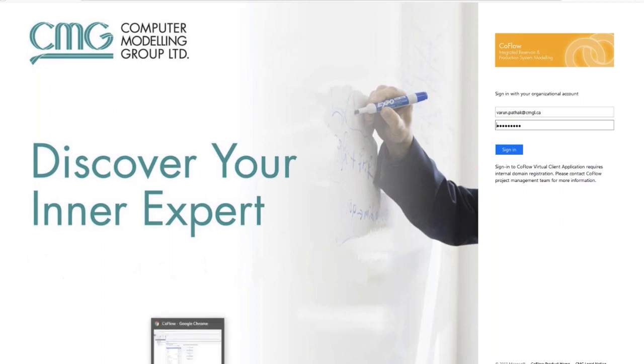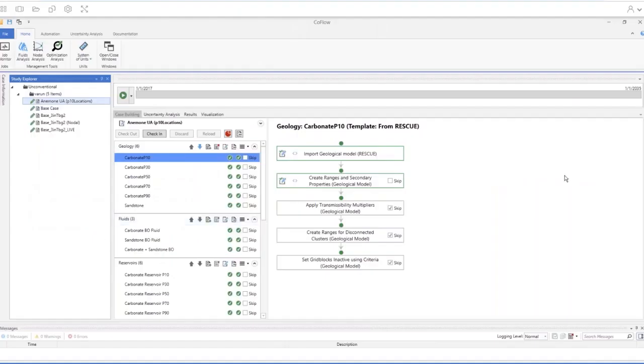I've already logged into the system, and you can see the study I showed you earlier, the same look and feel of Coflow as you would have in general, as if you were running on your own desktop. And the same thing, you run the cases, you analyze the results, you do whatever you want. So there is no difference in running Coflow on your desktop or your laptop versus running Coflow on the cloud. You get exactly the same experience.